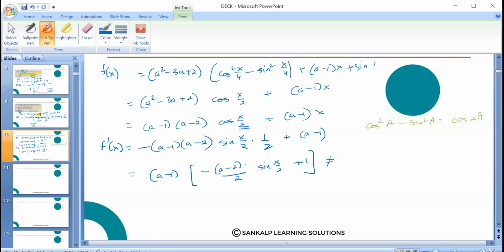But it has to be not 0 because no critical points as per the question. So a minus 1 cannot be 0. Sin x by 2 cannot be equal to 2 by a minus 2.